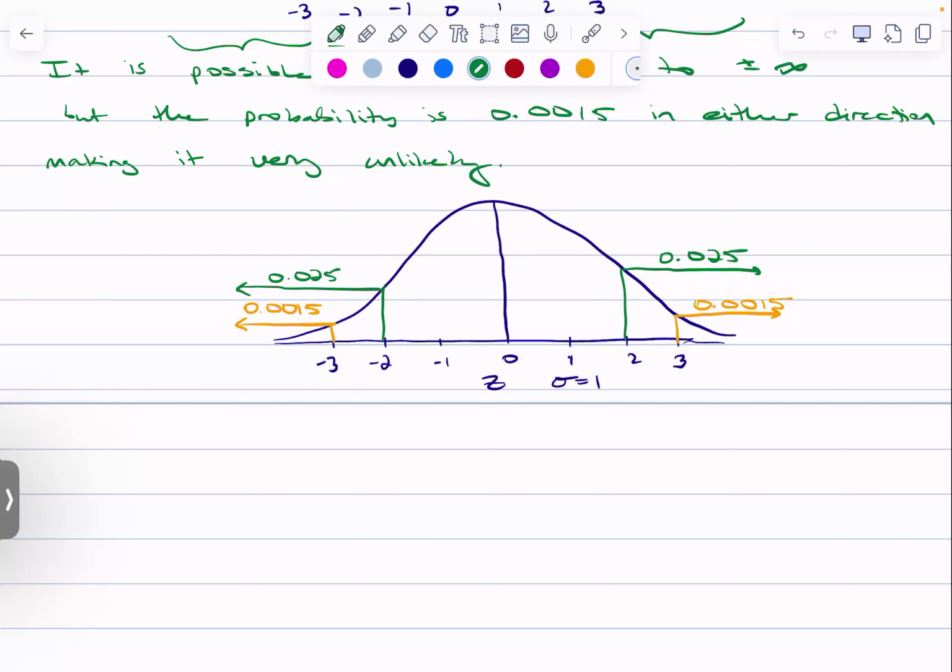Wonky, but that's okay. It's just to visualize. And try not to use pink, I'll use purple. 0.16. 0.16.